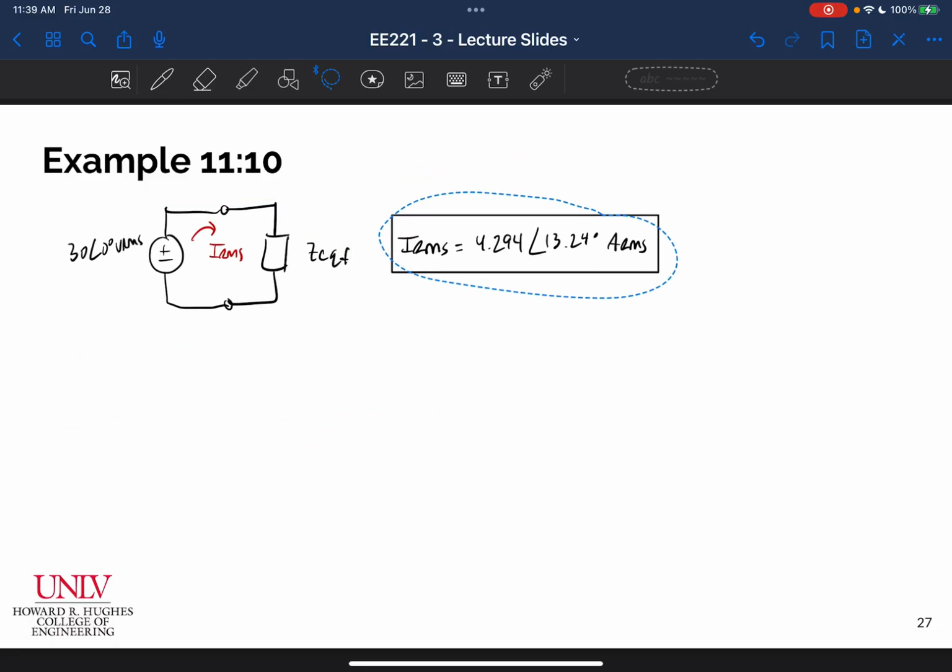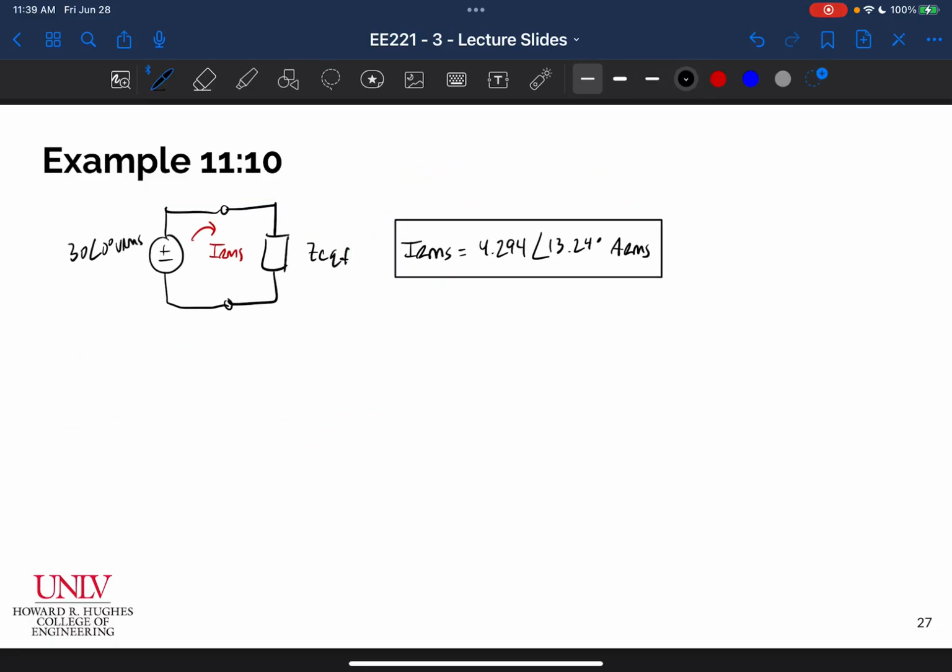All right, so we've got our RMS voltage, our RMS current, and we know that our average power is going to be the voltage RMS times the current RMS multiplied by the cosine of the angle phi, which is phi v minus phi i.